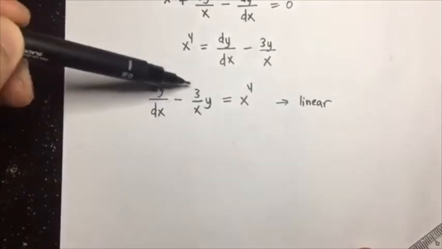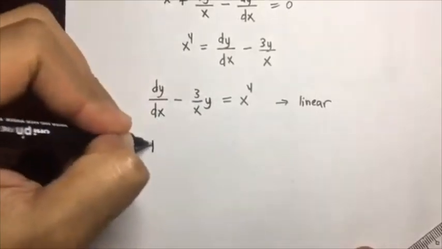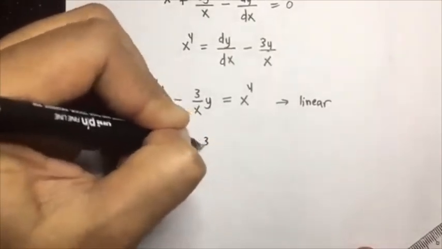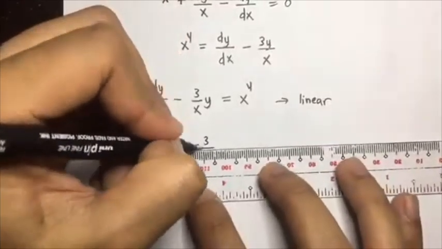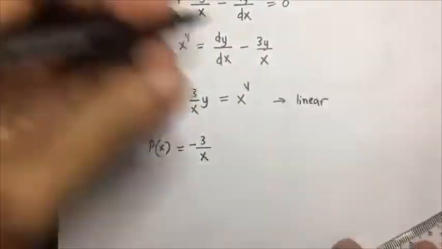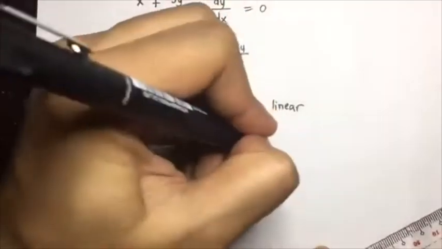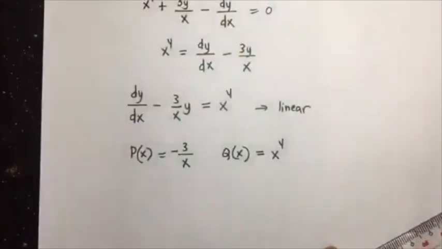So our p of x is negative 3 over x, and our q of x is equal to x to the power of 4.